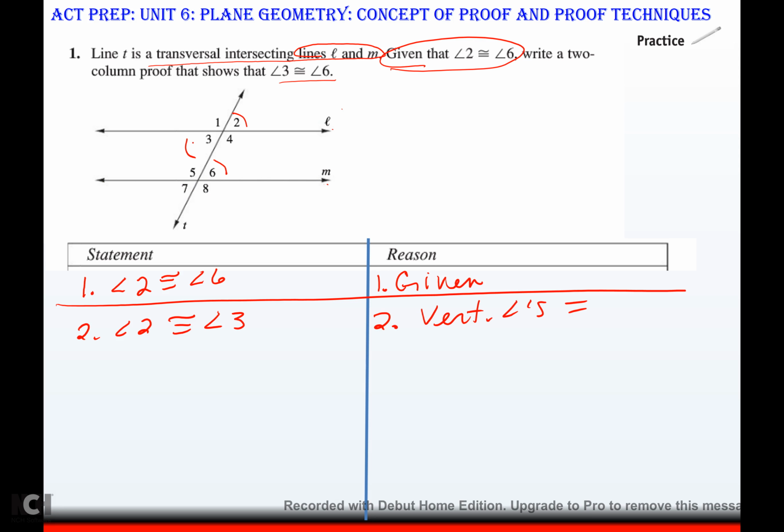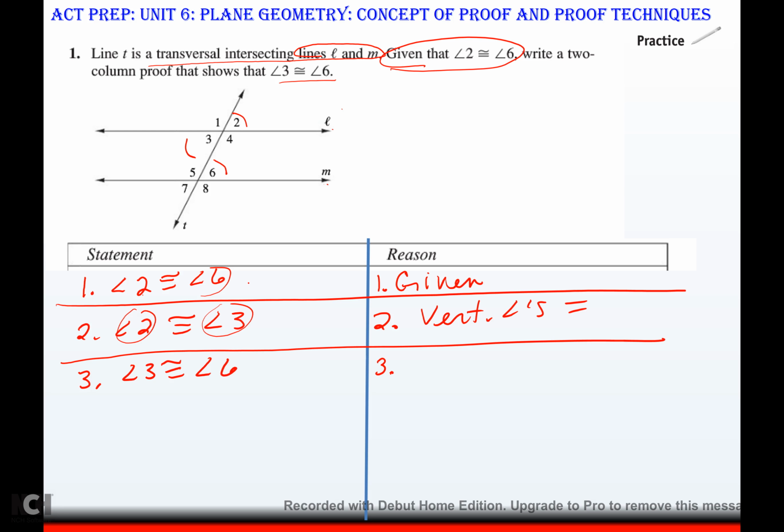Okay, therefore, I can say that angle 3 is congruent to angle 6. Not because they're alternate interior, I can't use that reason because I'm not guaranteed that L and M are parallel. But I can, because if angle 2 is equal to angle 6 and angle 2 is also equal to angle 3, then angle 6 and angle 3 have to be equivalent to each other.